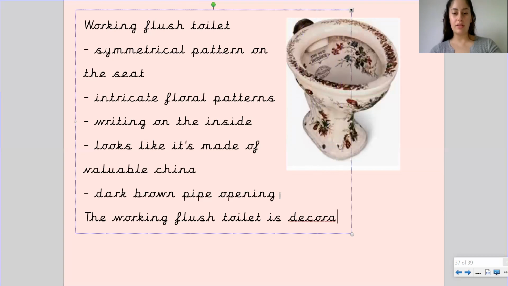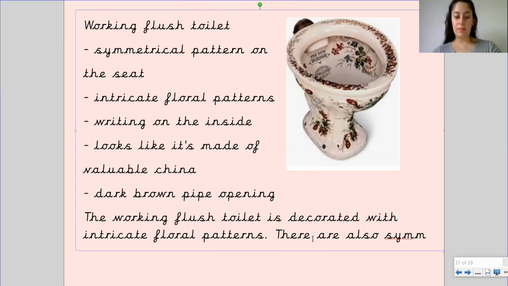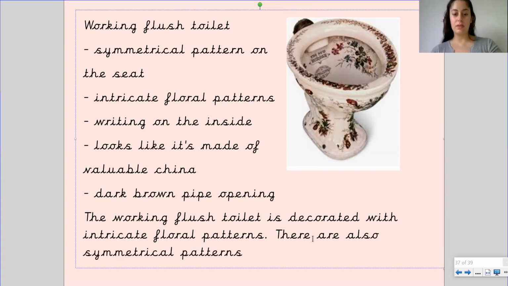It's decorated with intricate floral patterns. Well, also, we discussed what we could see on the seat. It looks like the patterns on the seat are symmetrical. So there are also symmetrical patterns on the seat.